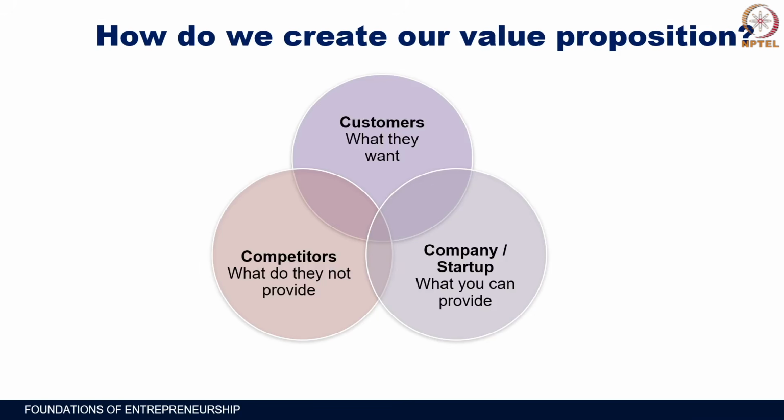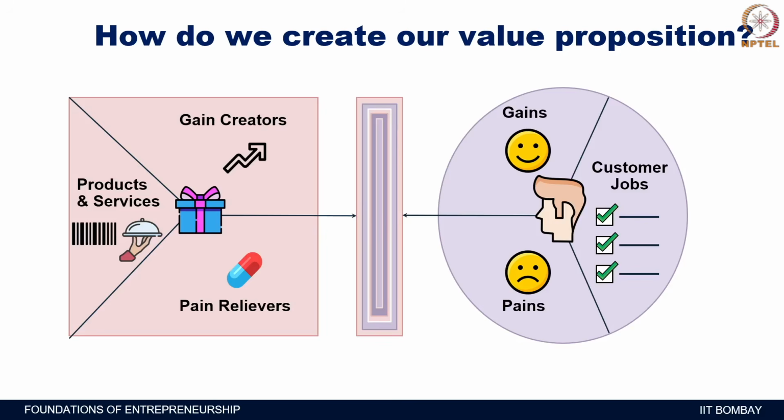Two methods I have shown you. The first is writing the intersection or the sweet spot: what is it that customers want, what is it that we can provide, and what is it that competitors can't provide. And the other is starting from the customer pains and answering the pains, and then thinking of the bonuses that customers would like in this category or space that we are talking about.